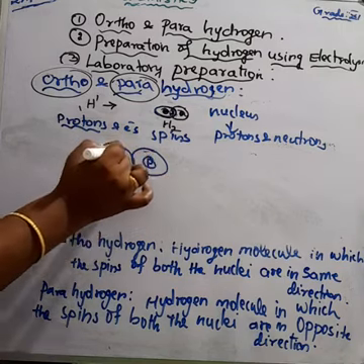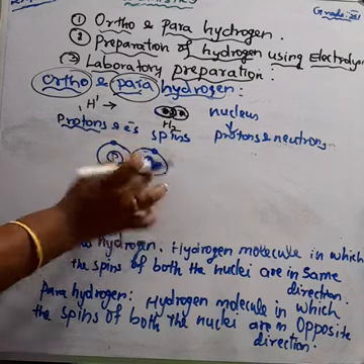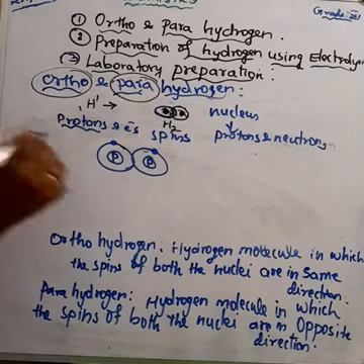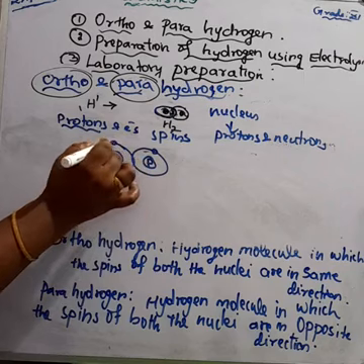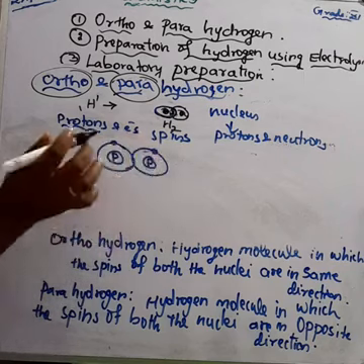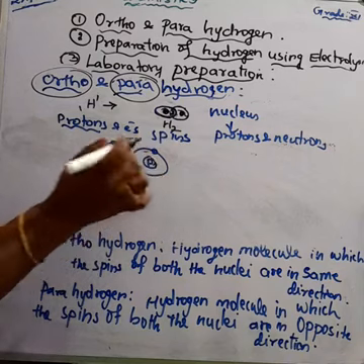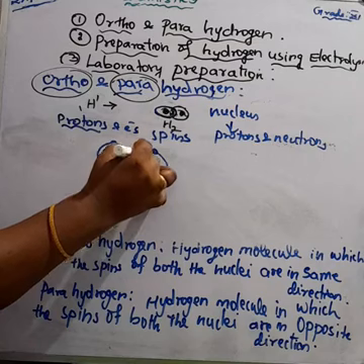This is the molecular hydrogen. This is the nucleus of hydrogen, this is the electron. The electron revolves around the nucleus. So when molecular hydrogen is formed, the spins of two hydrogen nuclei can be in the same direction.